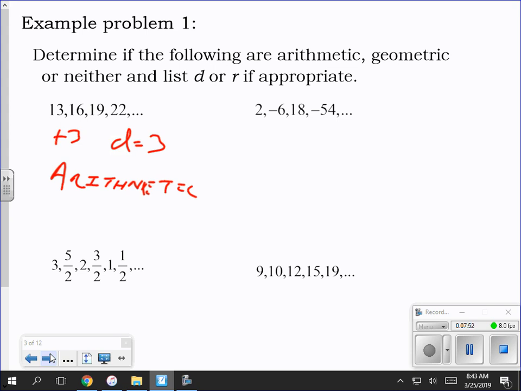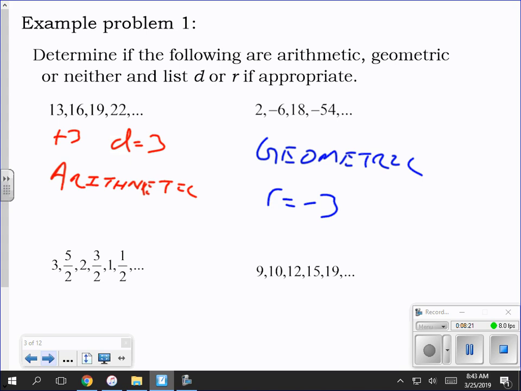To get from -6 to positive 18, can I get there by multiplying by -3? Yeah, and if I go from 18 to -54, I can multiply by -3. So this would be geometric, and my r would be -3. If you change sign every other time, it's either geometric or it's neither. You're not going to be arithmetic if you're changing sign each time.